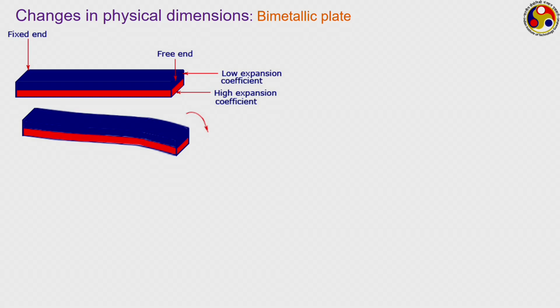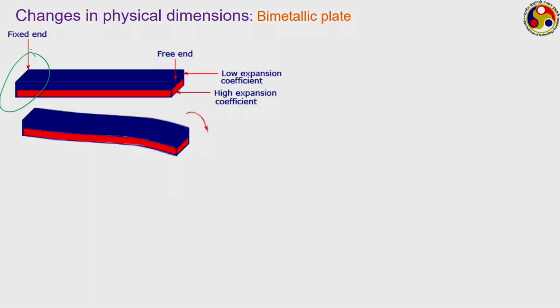So, the first device that comes to mind is the bimetallic plate, which falls under this first category, that is changes in physical dimension. Here the idea is very simple. You have two metallic plates having different coefficients of expansion, and we couple them just like the one shown here. They are fixed along the longer surface, and one end of this combined bar is also fixed, and the other end is free.